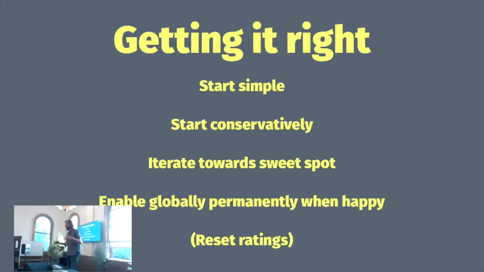That ensures that when you start experimenting with your setup, you don't run the risk of getting negative reviews, but only get positives. And then you iterate towards the sweet spot. By lowering the requirements for a happy user, for a user that fits the profile to be prompted, you hope to increase the number of ratings without lowering the quality of the ratings.